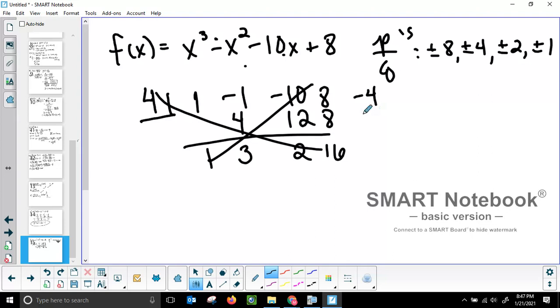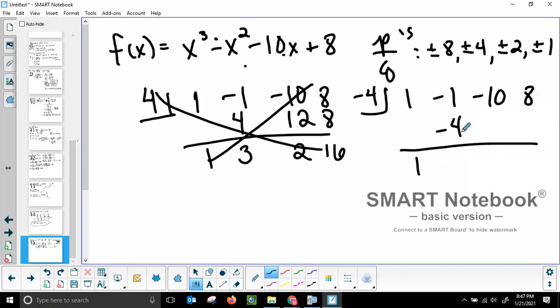Let's try negative 4. 1, negative 1, negative 10, 8. So we get 1, negative 4, negative 5, 20, 10, negative 40. Nope, that does not work. Let's try 8.